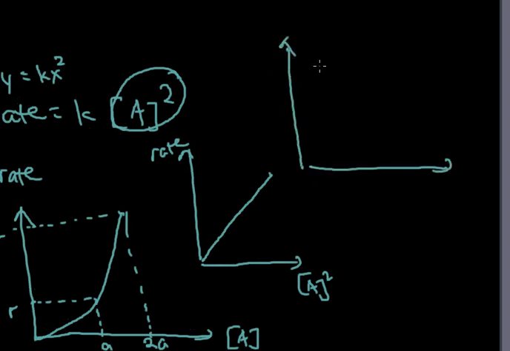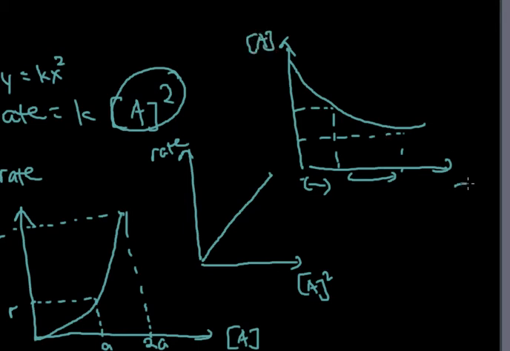In fact, the second half-life is twice the first half-life. The derivation and everything we will not go through, but just remember that if it's A over T, the second half-life is not constant, or it's double the first half-life.